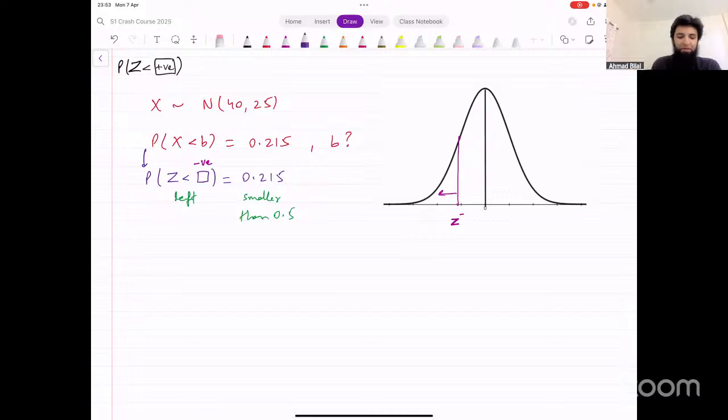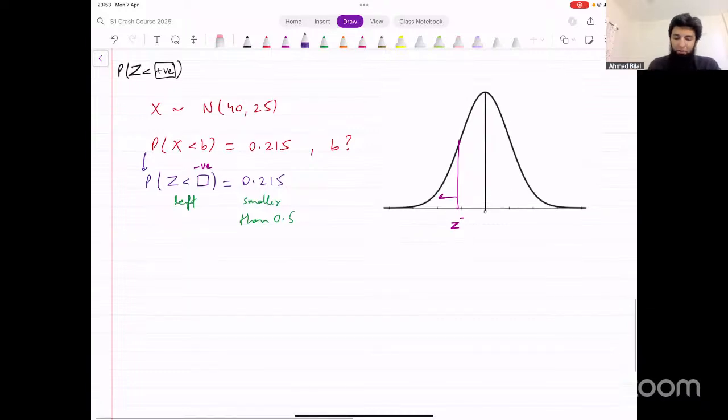Now, that means it's not the standard form. We know that the area to the left of the negative z value is 0.215. Now, we cannot use the table yet. So what we do then is we say, okay, if the area to the left of the negative z value is 0.215, then what about the area to the right of the positive z value? That will also be the same. This would also be 0.215.